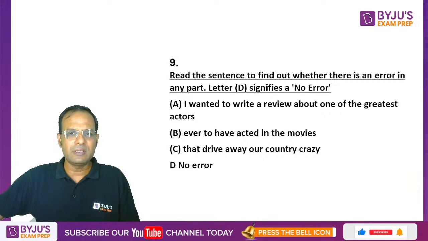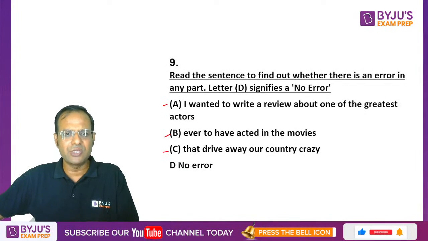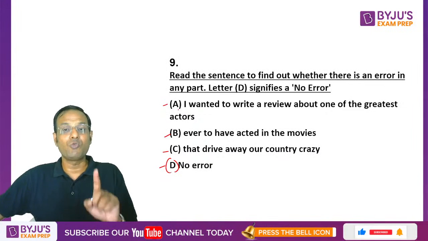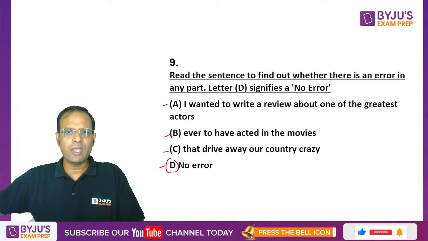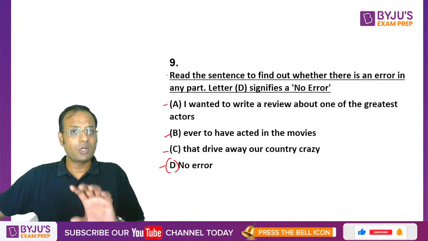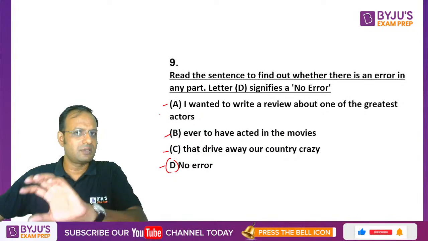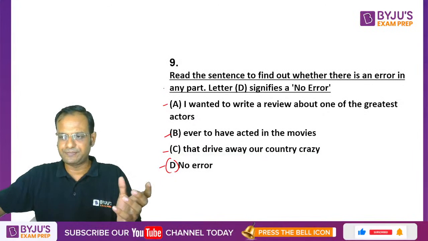Now see, this is one long sentence, written in three parts, A, B, and C. And as usual, the fourth part says no error. You have to find out whether this sentence has any problem or not. If there is no problem, the answer is no error. Okay? Look at the composition of the sentence. It is a changed format altogether.